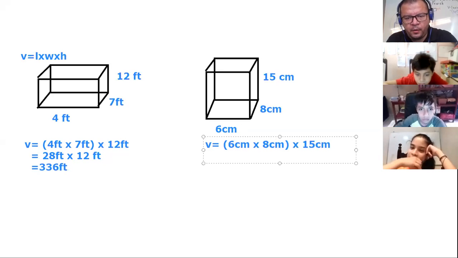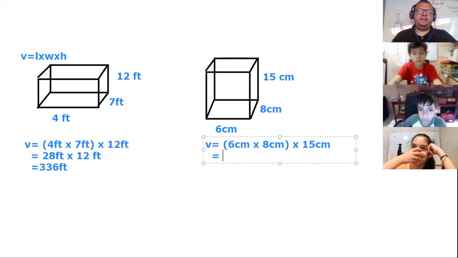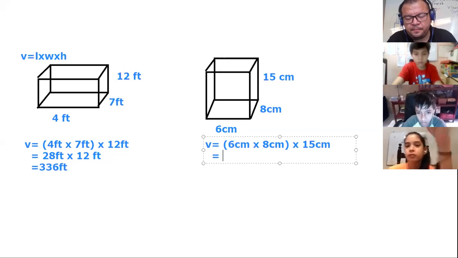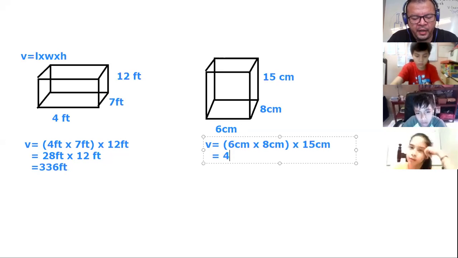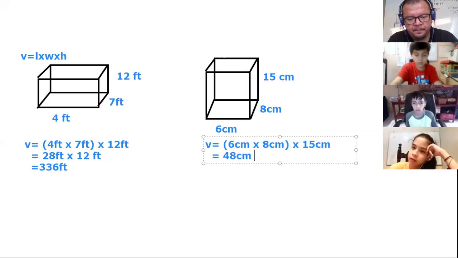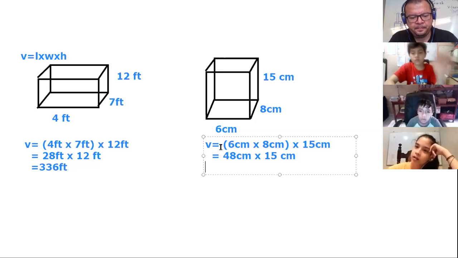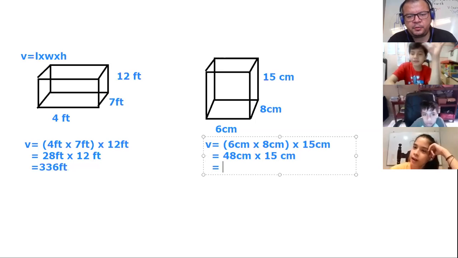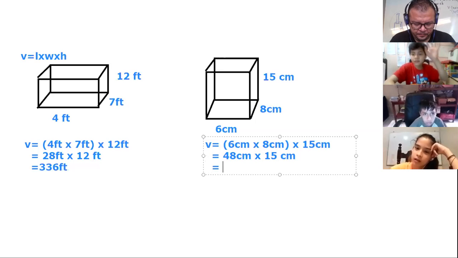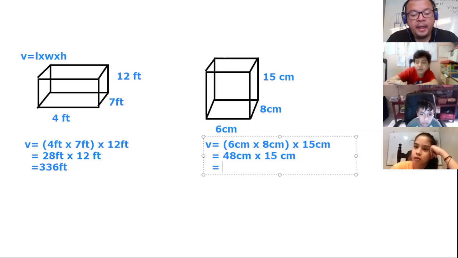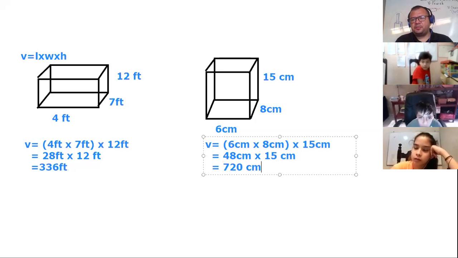So this is equal to how many? 6 times 8, 48 centimeters squared, multiply 15 centimeters. And this is equal to 720 centimeters cubic.